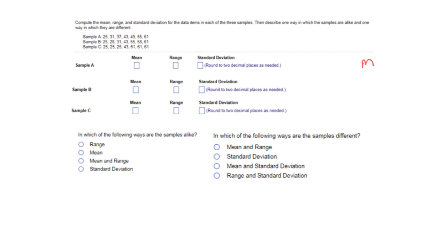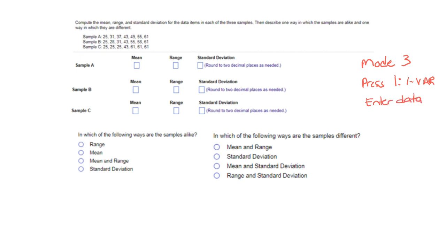You press mode, and then you choose 3. Next, you're going to press number 1, and the number 1 should have 1 VAR next to it. Then you're going to enter your data item.